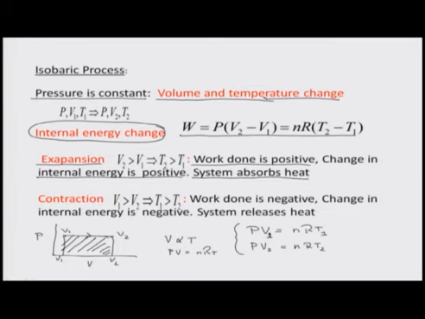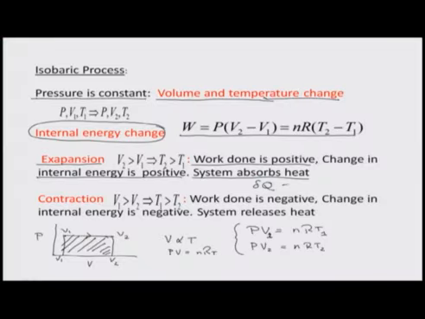And system absorbs it. So, delta Q is equal to dU plus delta W. It so happens work done is positive, dU is also positive. So, I must have delta Q positive, which means system absorbs heat.